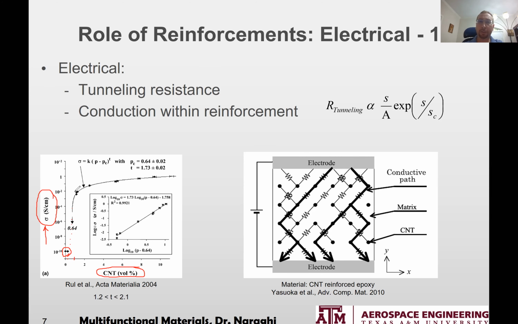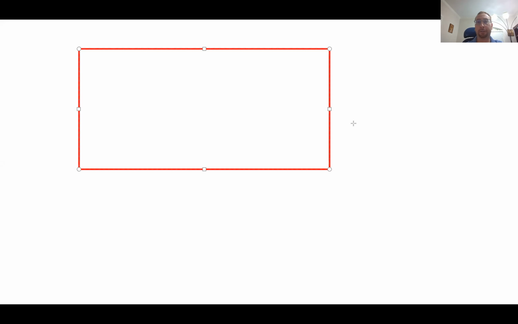Now, in order to understand what is happening here, I need to open for you another document, a whiteboard. So imagine this is our composite material, and our goal is to measure conductivity between two ends.